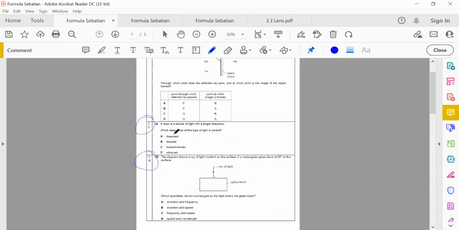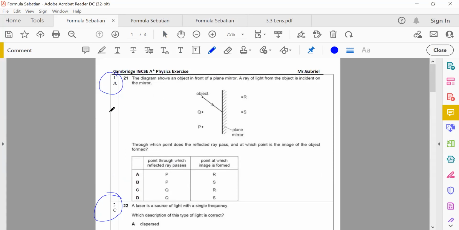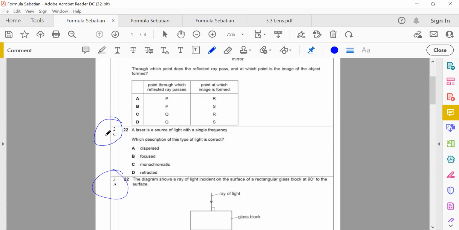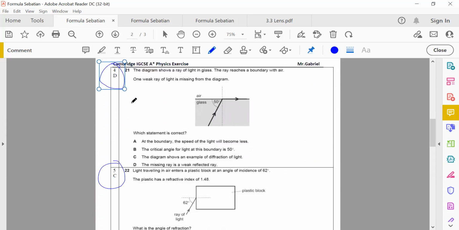Anyone here couldn't do any of these questions or need me to explain any one of these questions or not, guys? I repeat, question 1A, question 2C, question 3A, question 4, donkey, and question 5C.